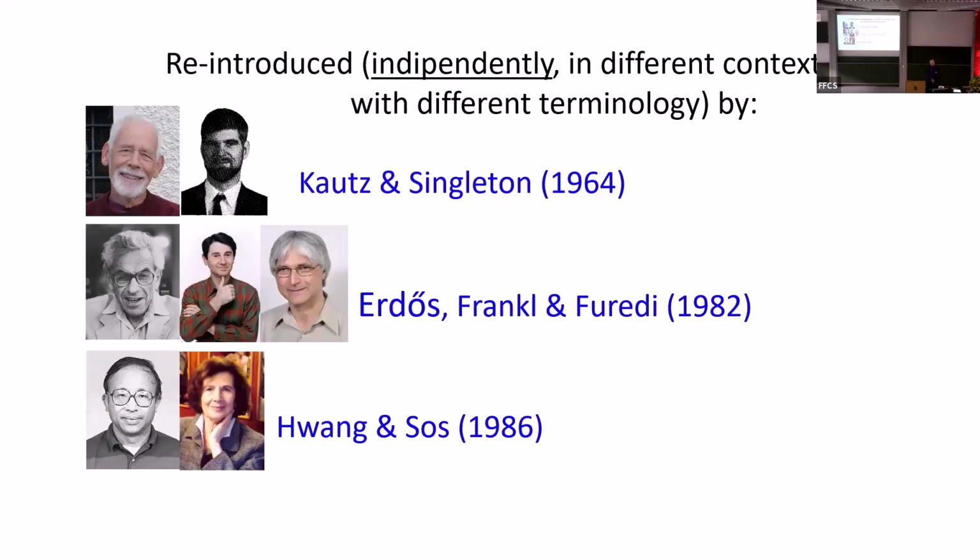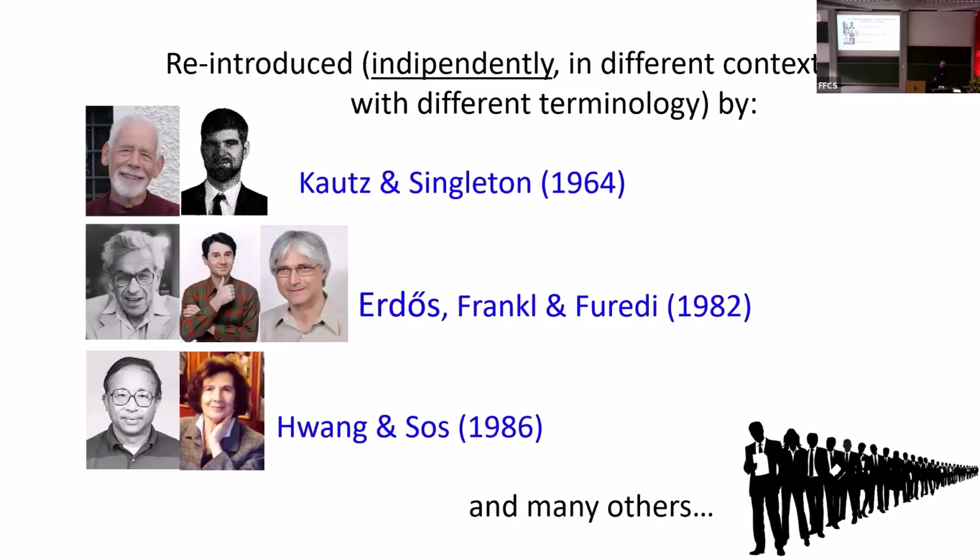It was rediscovered by Erdős, Frankl, and Füredi in another context in '82, and was also rediscovered by Wang and Sós in the context of group testing in '86. And not only that, it was also rediscovered many, many other times in many different contexts. I will briefly explain why this simple concept keeps popping up in many, many papers.